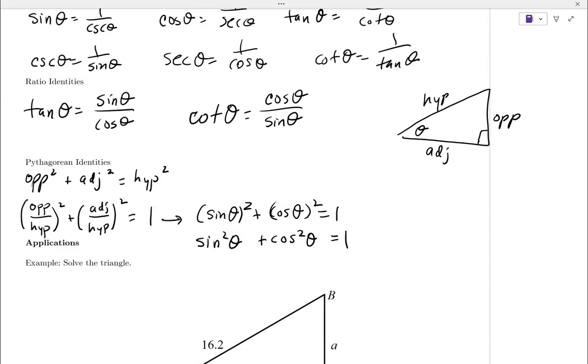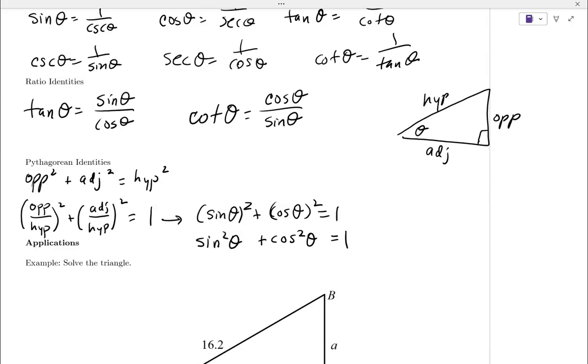We can get the other two by dividing both sides by sine squared of theta, or dividing both sides by cosine squared of theta, and simplifying. If I divide both sides by sine squared, what does this first one become? 1.